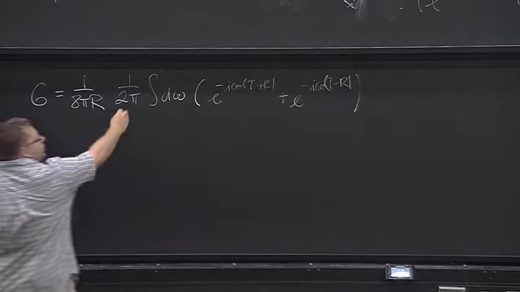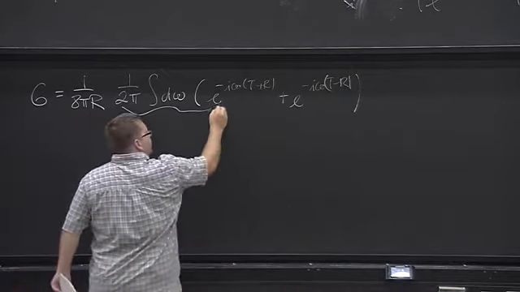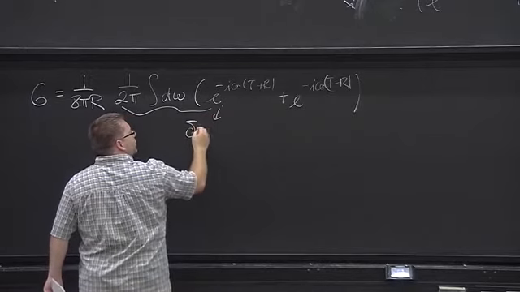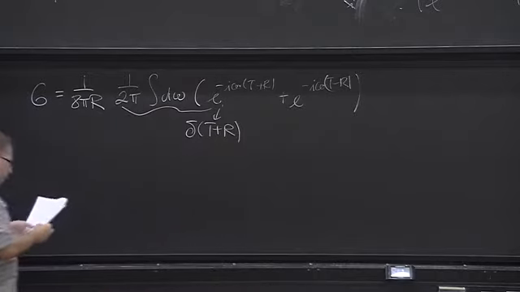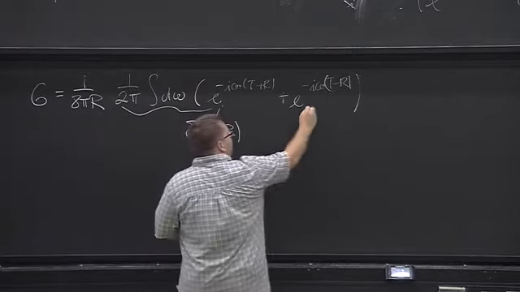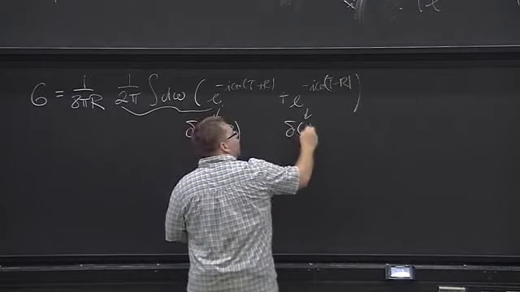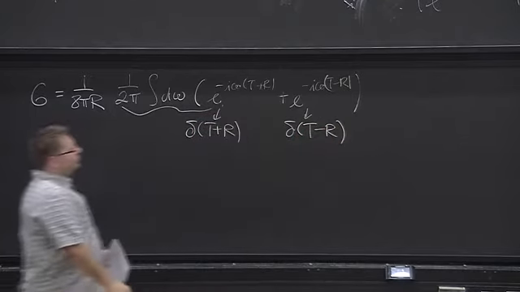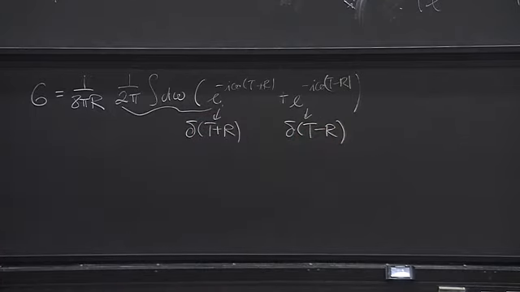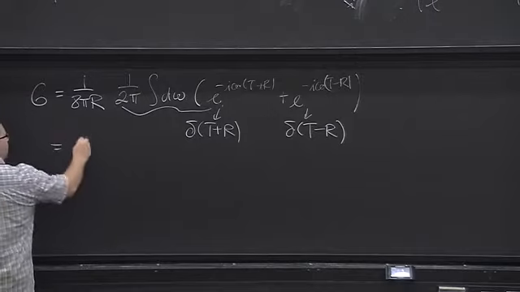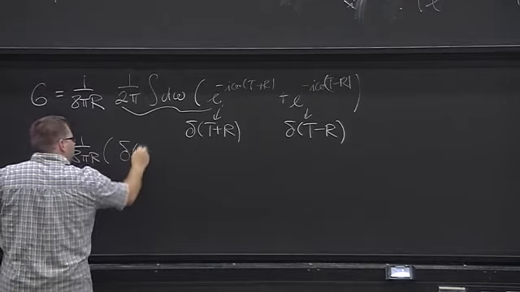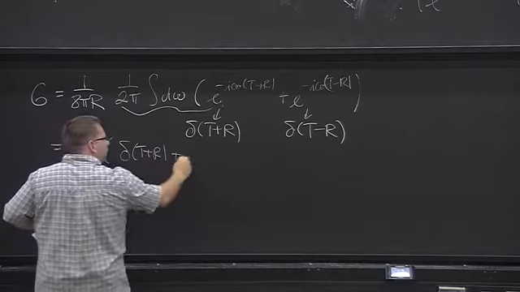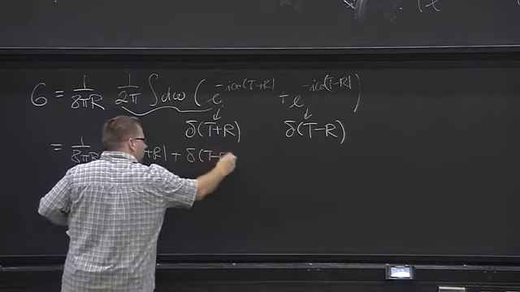So now this is just a delta function. And so this thing will give me a delta function of t plus r. And this thing will give me a delta function of t minus r. So this is a beautiful result. So we have 1 over 8 pi r, and then delta (t plus r) plus delta (t minus r).